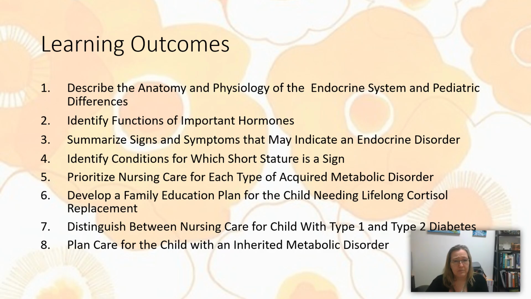You might have learned quite a bit about type 2 already, but generally type 1 diabetes is something that we emphasize more in pediatrics because it's more common with pediatric patients. Also, be able to plan care for a child that has been born with an inherited disorder, including if they need genetic counseling or that kind of thing.